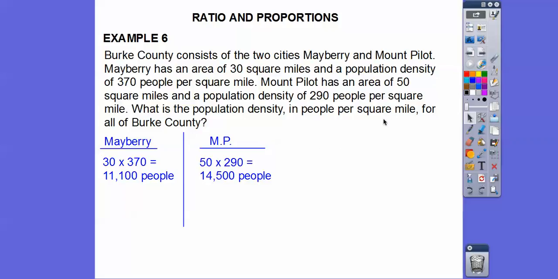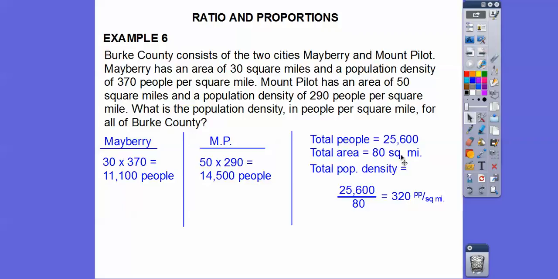Okay, so for the total people per square mile, the population density is going to be the amount of people that we add together, and we got this number right here by adding these two numbers together. And the total area is 30 plus 50, so that's going to be 80. And so the population density is the total people divided by the total area, so we get about 320 people per square mile on that.